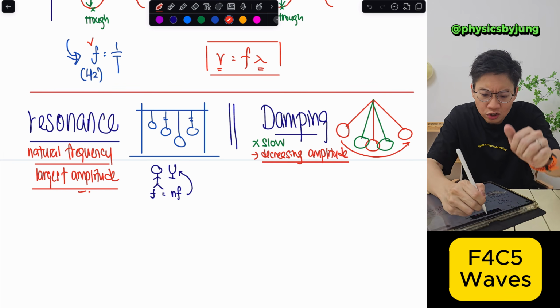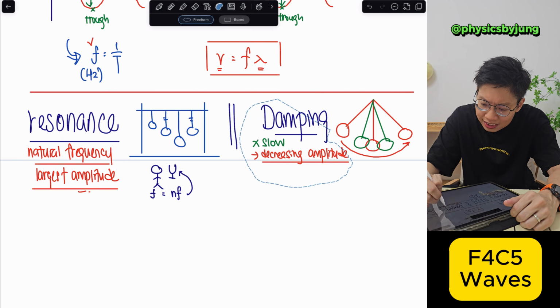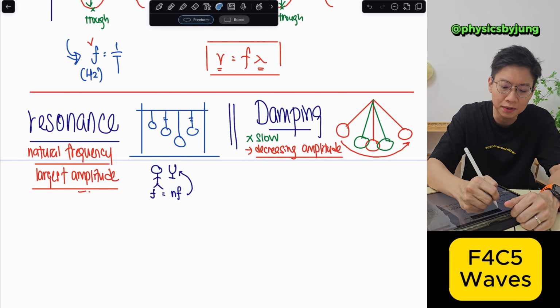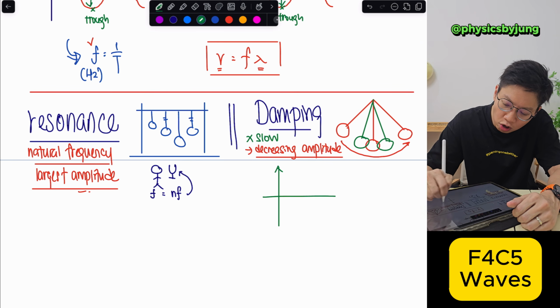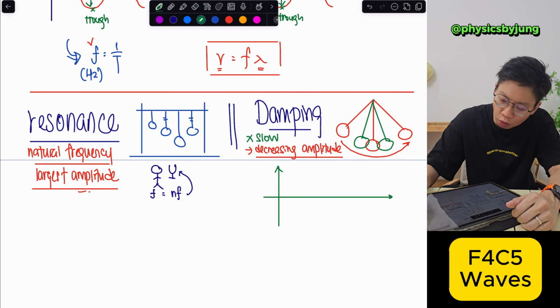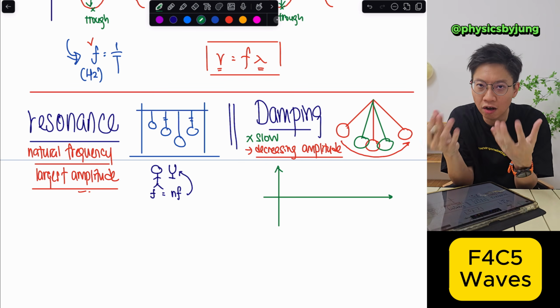Does it matter? Same lah, teacher. Slow, decreasing amplitude, same thing. But no, guys, it's a bit different, because in the exam, they might ask you to plot a graph to show how damping occurs.